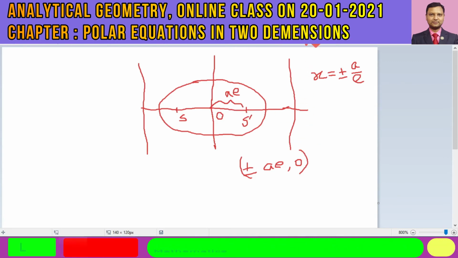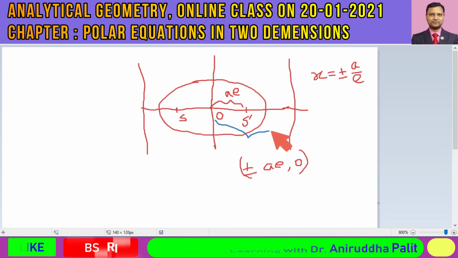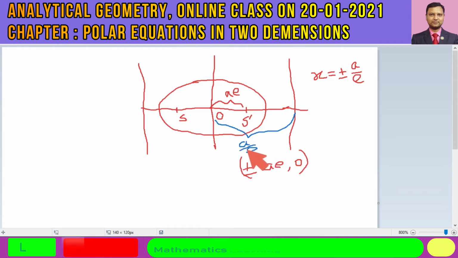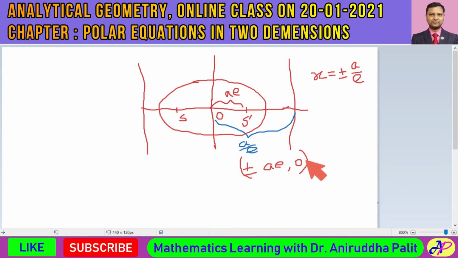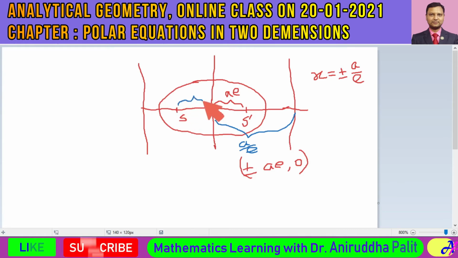So what I am trying to say is that this much distance would be equal to A divided by E. This much distance would be equal to AE, maybe plus, maybe minus.